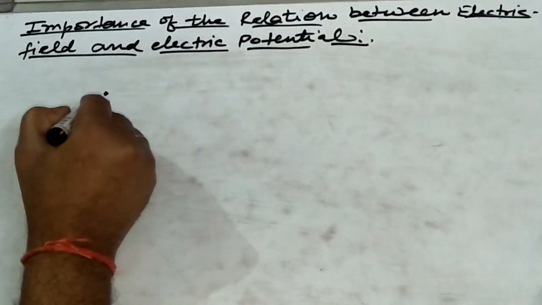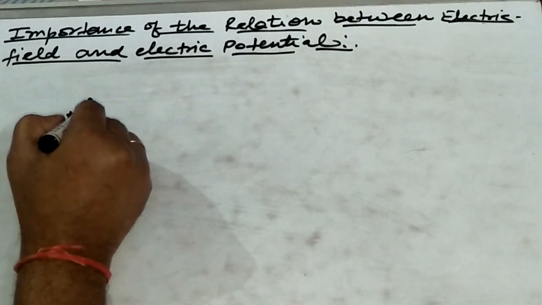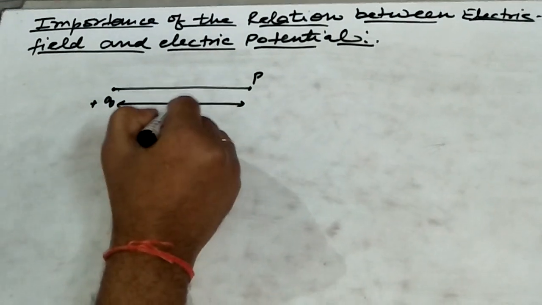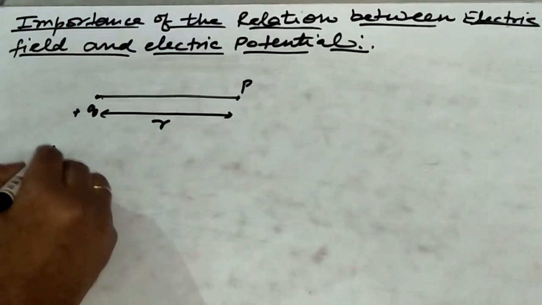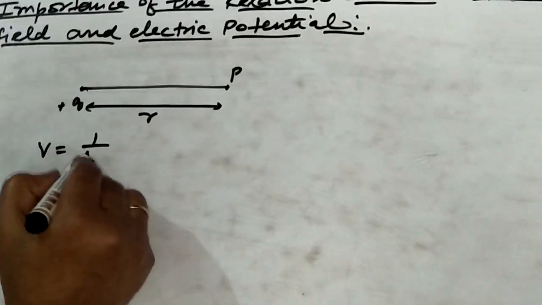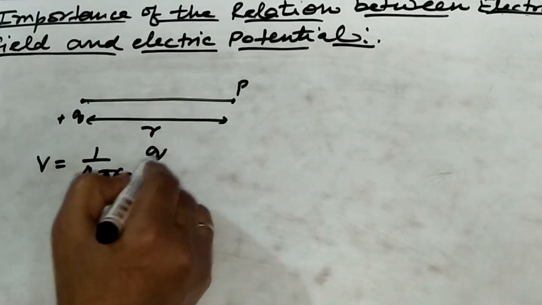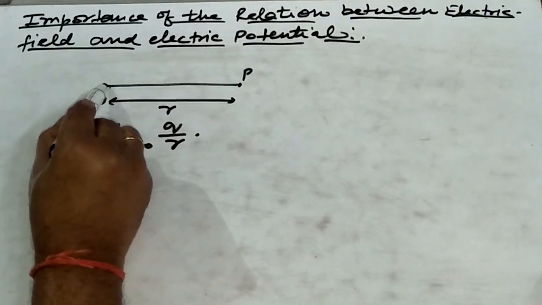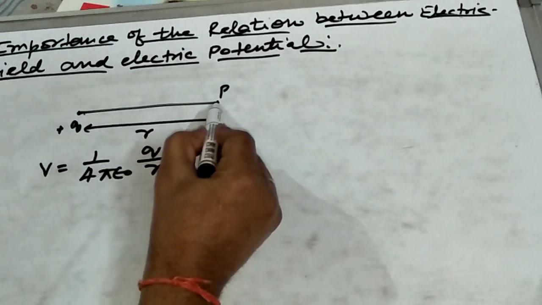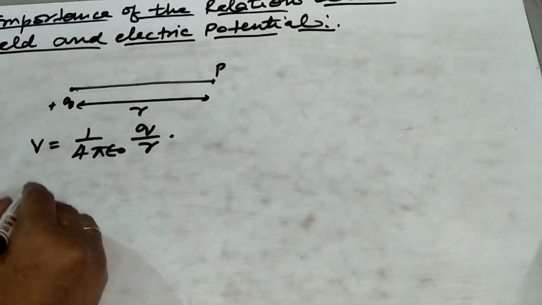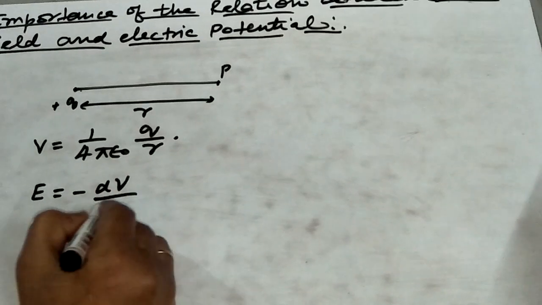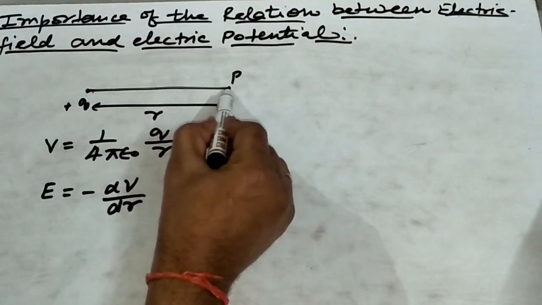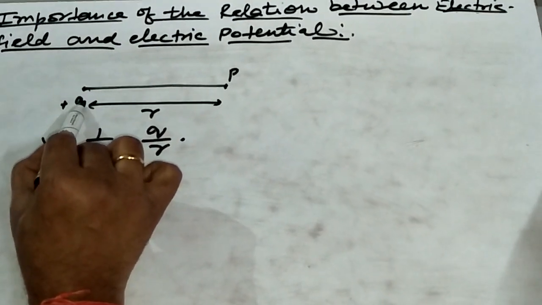You know, if there is a source charge plus Q, and P is a point at distance r from it, then the electric potential at point P is given by V is equal to 1 upon 4 pi epsilon naught Q by R. If anybody asks you how we can derive the electric field due to this charge plus Q at point P, then by using this relation, E is equal to minus dV upon dr, we can easily find it if you know the potential due to this charge plus Q at point P.